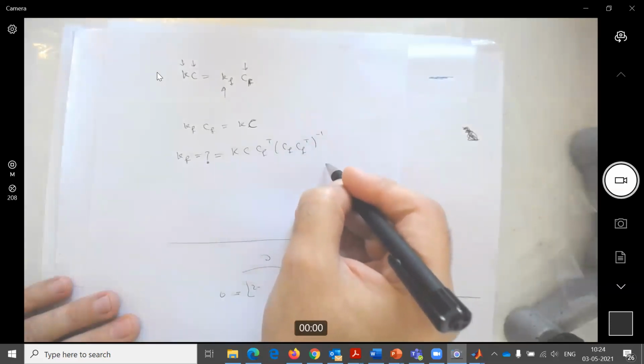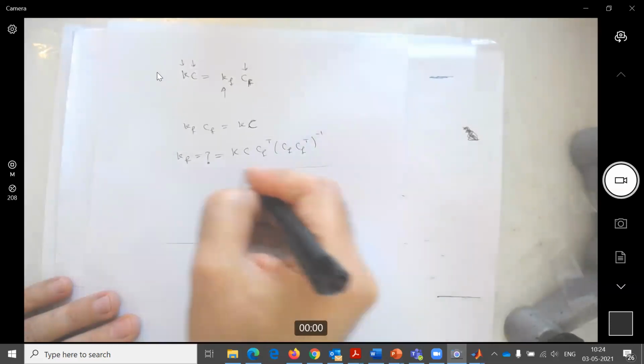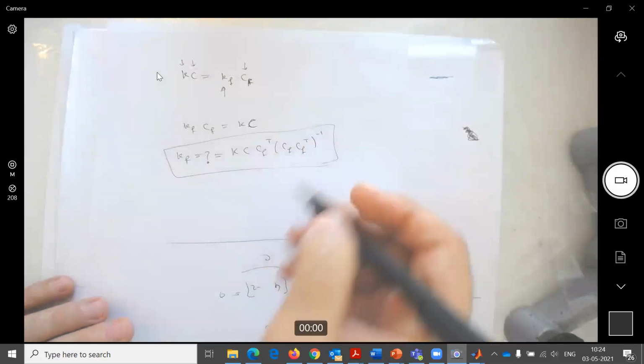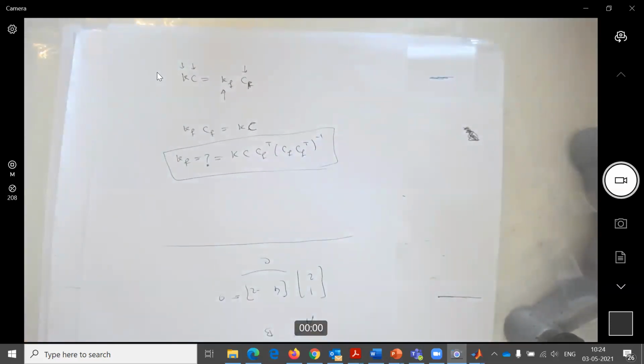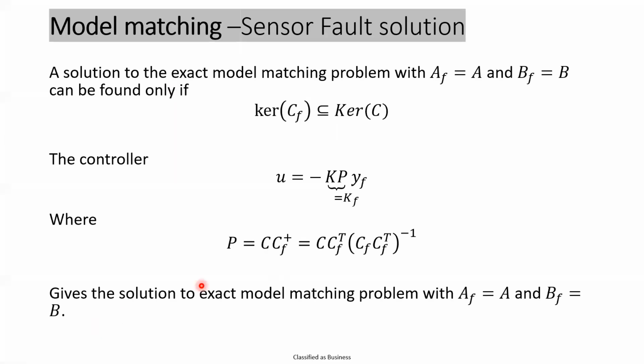I don't need you, of course, to memorize this equation, but I do expect that when you see the result here in the slide, you get why or how it has resulted. Okay, so U is KF minus KF multiplied by YF, and KF is K multiplied by P, and P is like this.